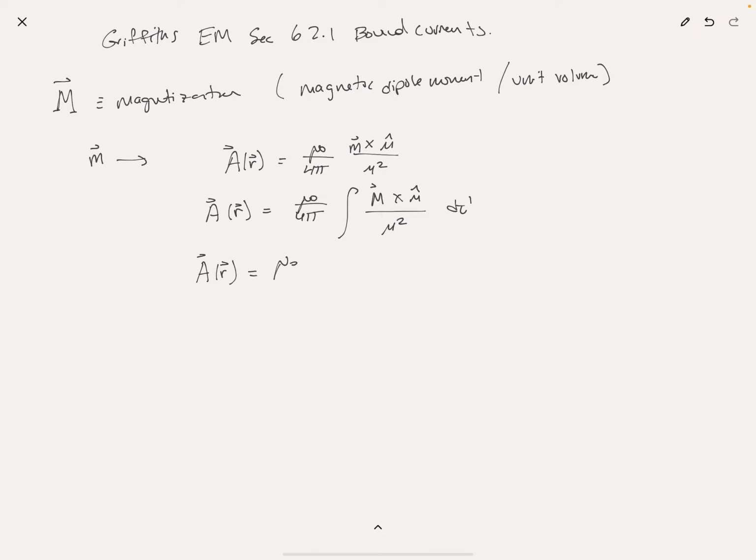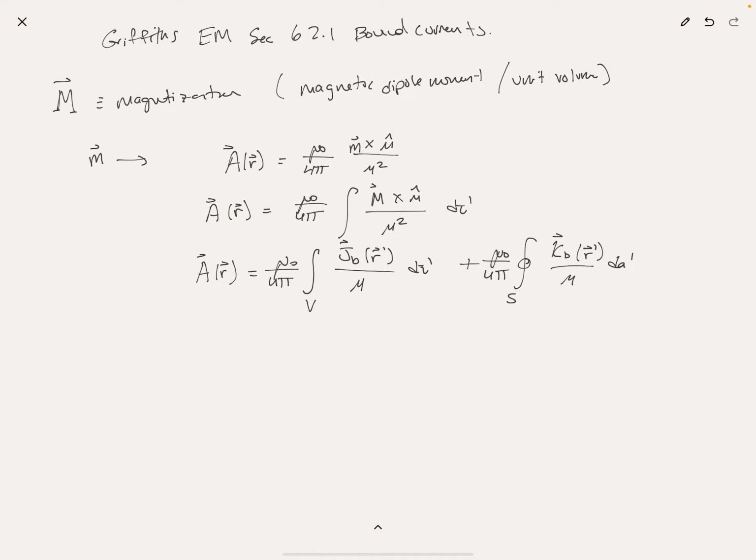We can write this as mu naught over 4 pi times the integral of J_b over script r d tau prime, plus mu naught over 4 pi times the integral of K_b over script r dA prime, where now we have two different types of integrals. We have a surface integral on the right, and a volume integral on the left. And as long as that surface encloses that volume, we are good to go.